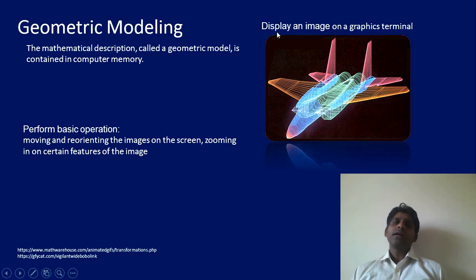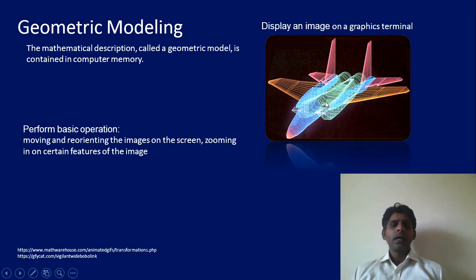So all that is important is that the image has to be displayed on the graphics terminal, and this can be done by storing the image in a mathematical description, that is storing the model in the form of mathematical description, and it is called a geometric model, and it is stored in the computer memory. As you can see here, it is being shown in this particular picture.